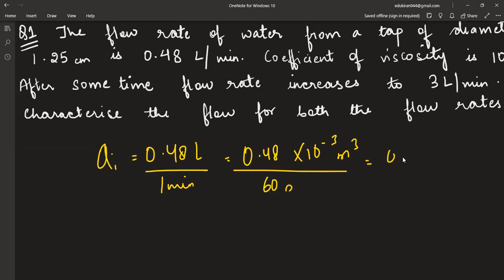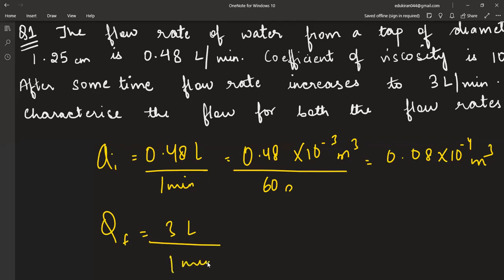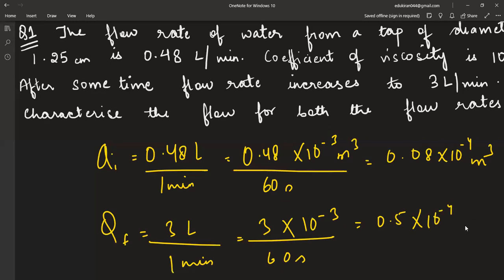So this will be around 0.08 into 10 to the power minus 4 meter cube. Q final will be 3 liters by 1 minute. So 3 into 10 to the power minus 3 by 60 seconds. So this is 0.5 into 10 to the power minus 4 meter cube. All right, this is the rate of flow of fluid.